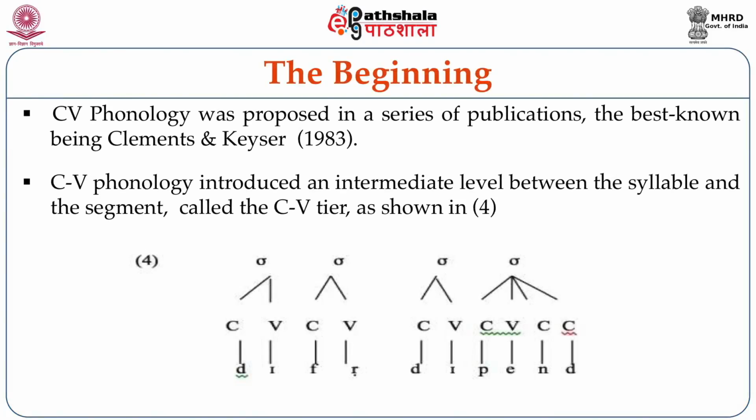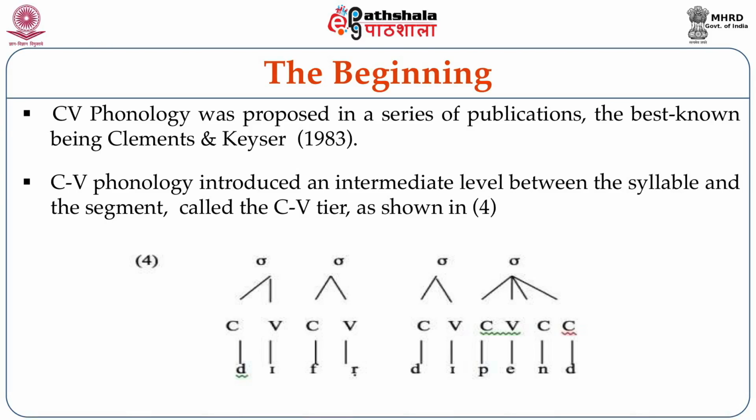Take a look at the CV tier representation of some certain forms. The CV tier, as you will know, occurs in the intermediate position between the syllable above and the segment below. The CV tier is an autosegmental tier.